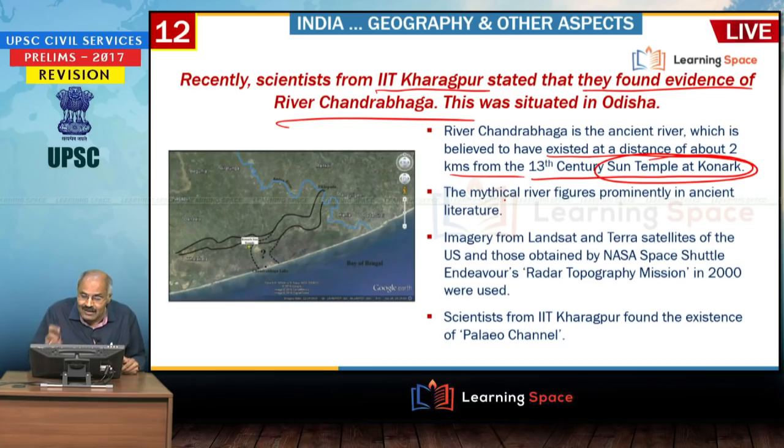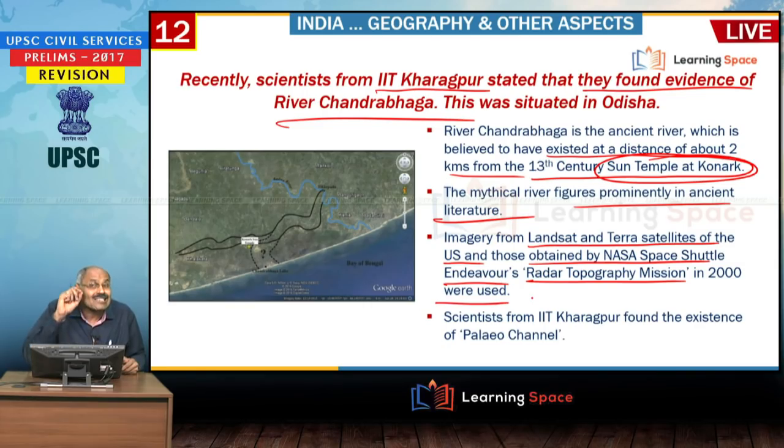The mythical river figures prominently in ancient literature. Imagery from Landsat and Terra satellites of the US, and that obtained by NASA space shuttle Endeavour's radar topography mission in 2000, were used, and scientists from IIT Kharagpur found the existence of paleo channels.